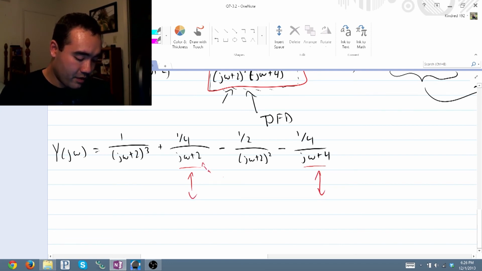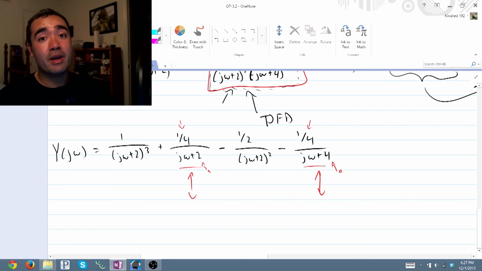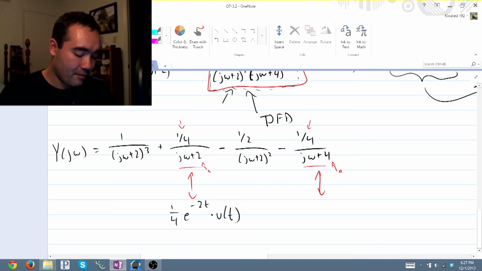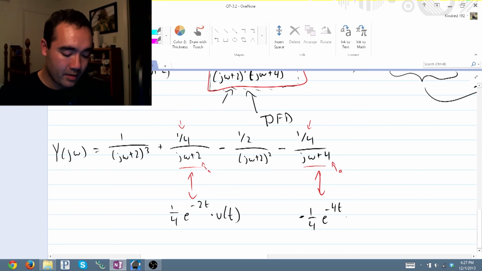So this is A, and this is just some constant, so we're just going to multiply it by what we get in the time domain. So it's 1/4 times e to the negative 2t times the unit step function. And this is going to be a negative 1/4 times e to the negative 4t times the unit step function.